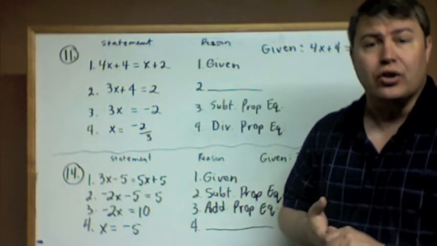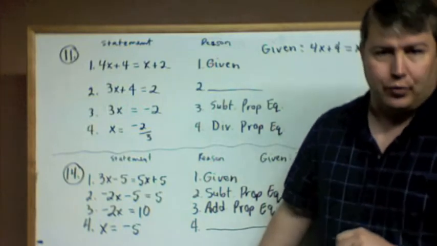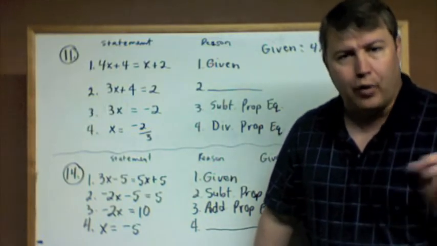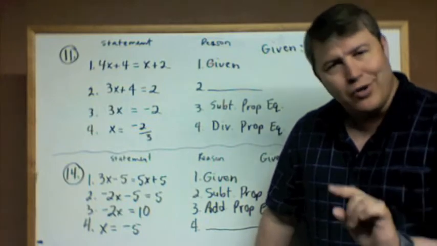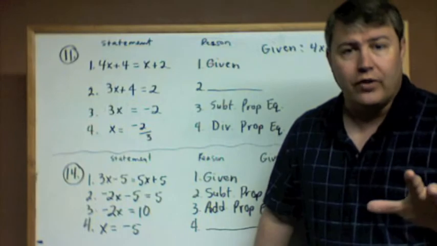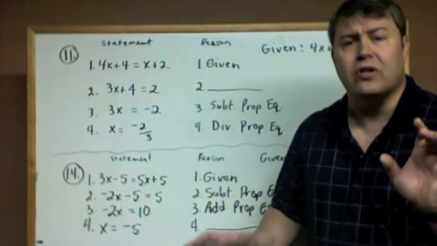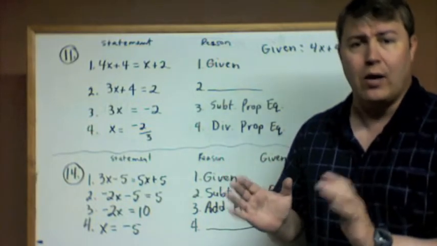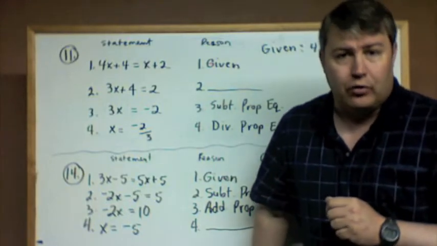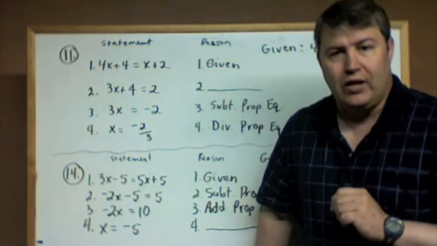We're going to start doing proofs with algebra. We've been learning all of these properties, the properties of equality, the commutative property, the associative property, transitive, all of those are going to be the reasons why we can do what we do. And since we're going to be doing algebra proofs, we're actually solving equations.